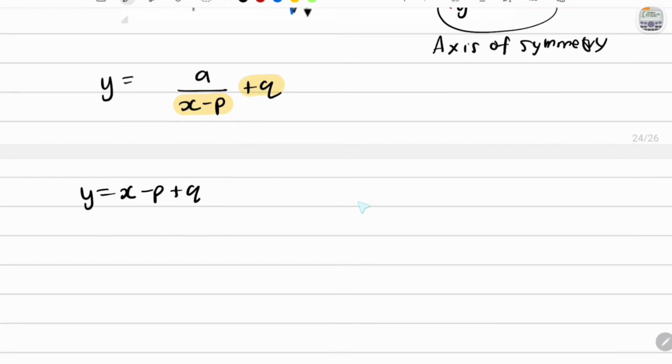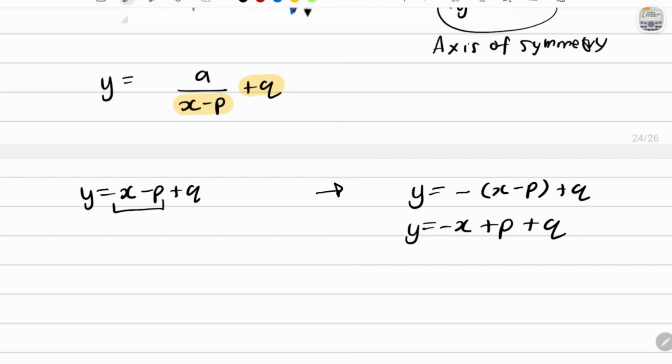To find that one, you really just put a negative in front of the x minus p. So it's y is equal to negative x minus p, then outside you say plus q. If you distribute that, y is equal to negative x plus p plus q. So we're really just trying to look for this equation, but really the p and the q would simplify to c. That's why they have y is equal to negative x plus c.